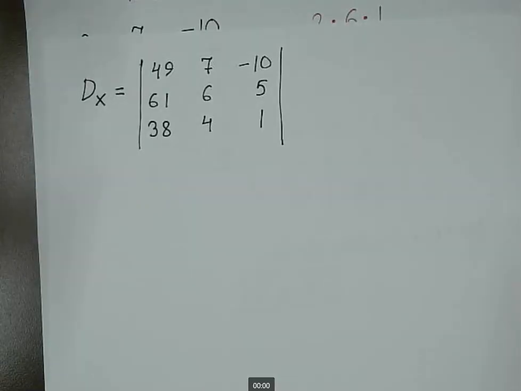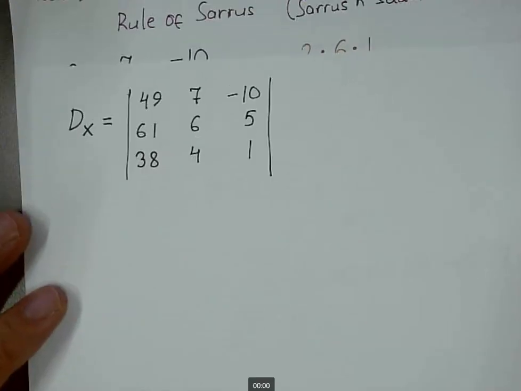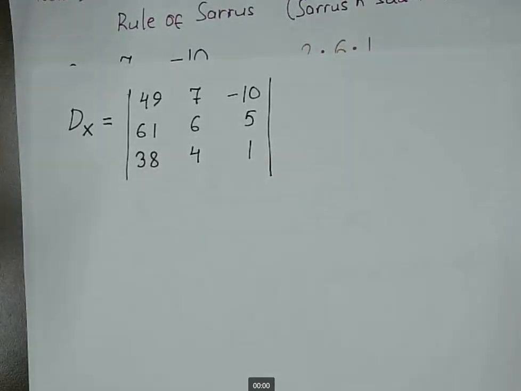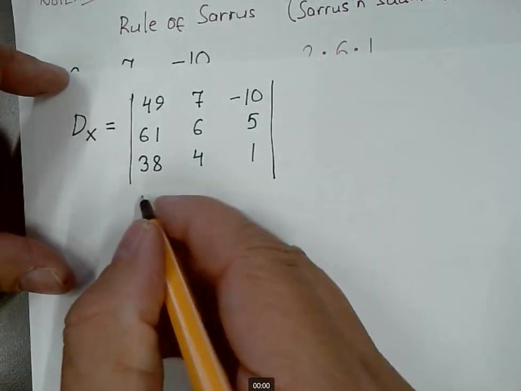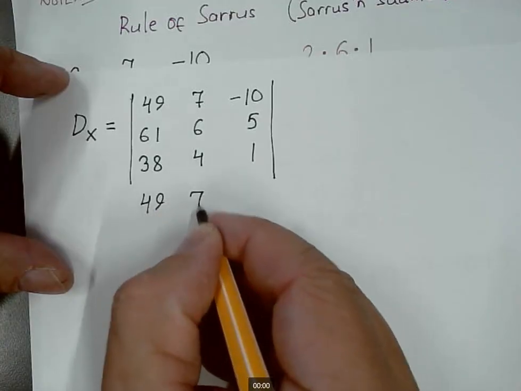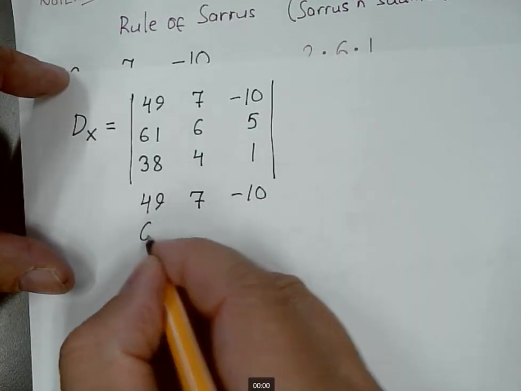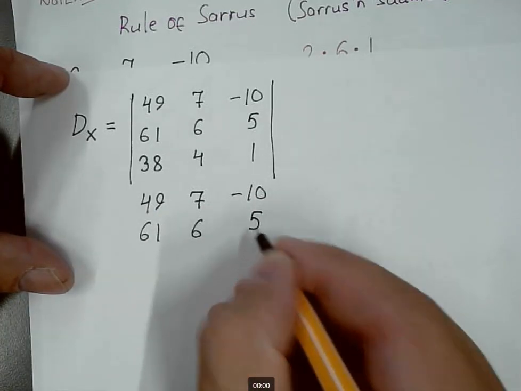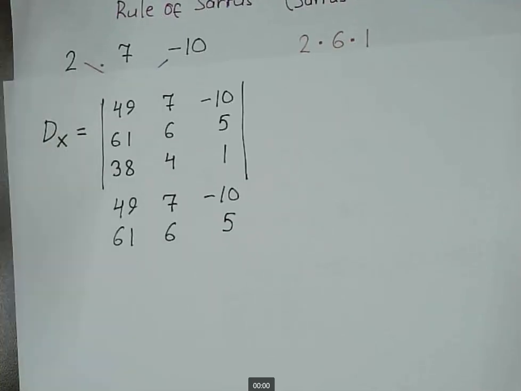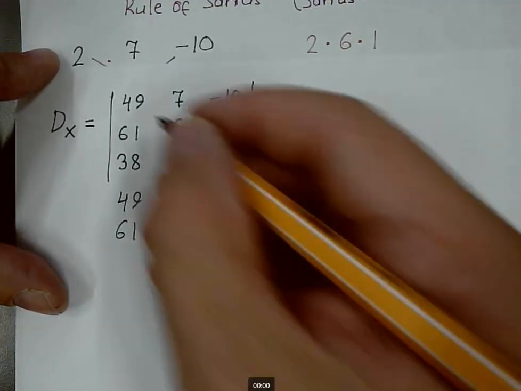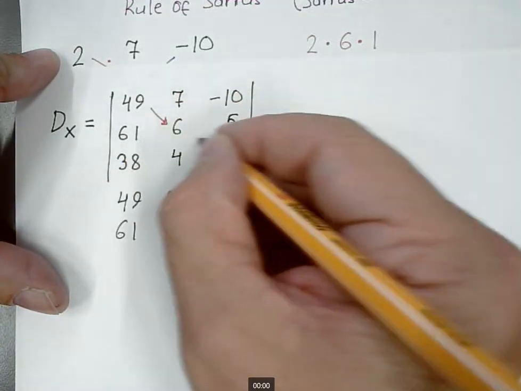And now I am using also the Sarrus rule for calculating the value for this dx. So I will copy these values here. I will draw them here. And again, first positive direction.